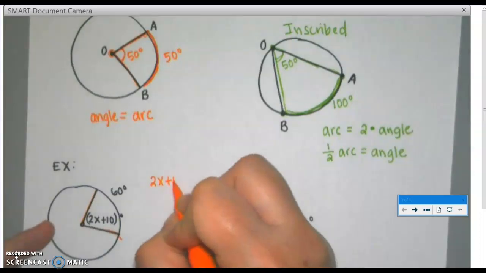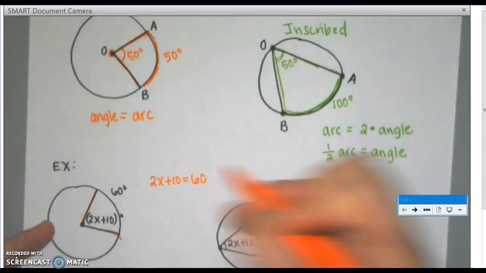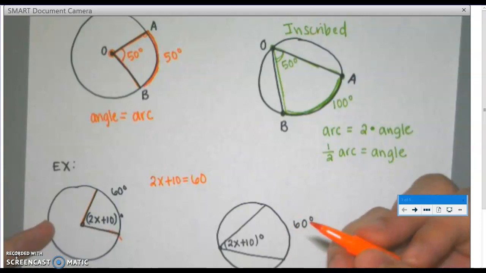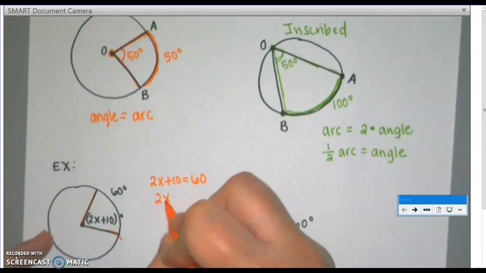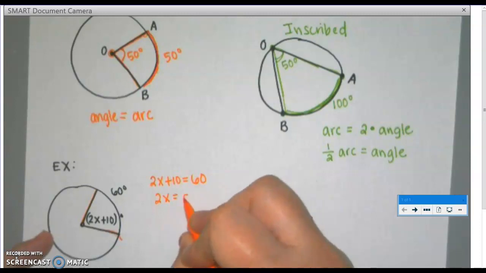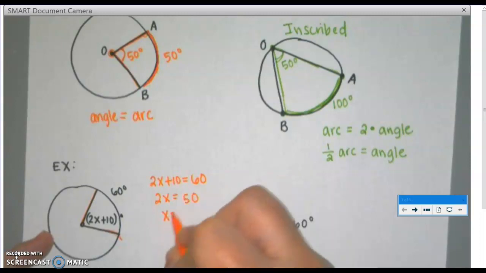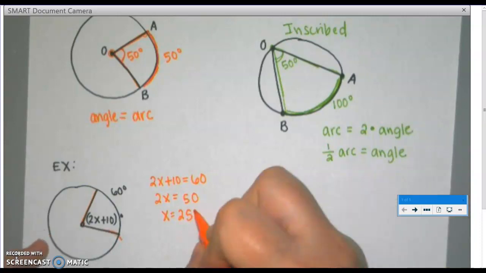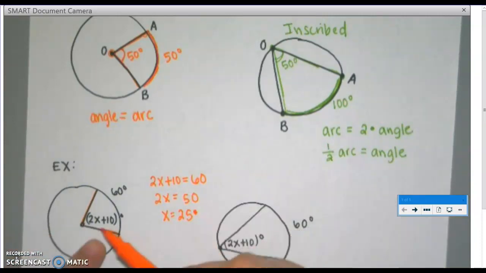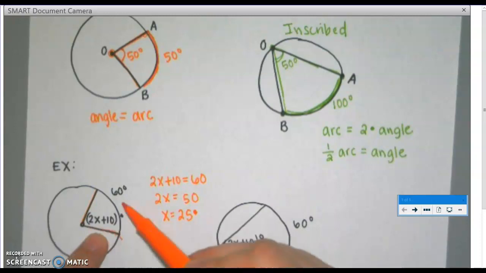So 2x plus 10 equals 60. And I'm just going to solve that equation for x. So I would minus 10 on both sides, divide by 2. X is 25. So if I plug 25 back in, I should get 60 because those are supposed to be equal.